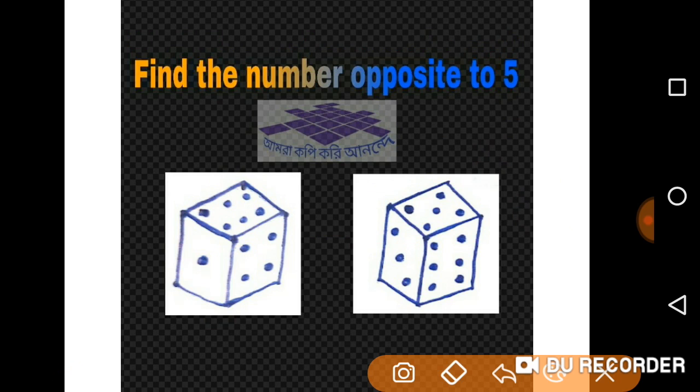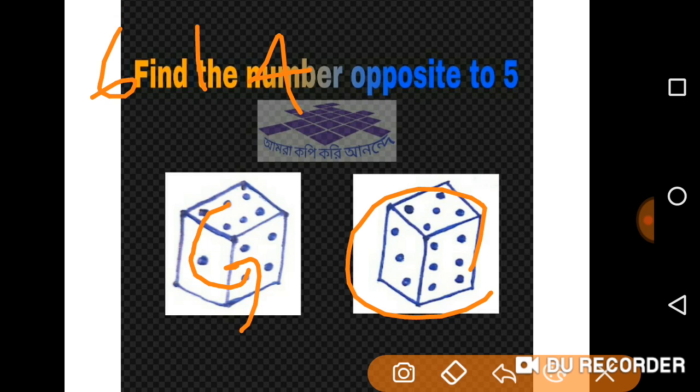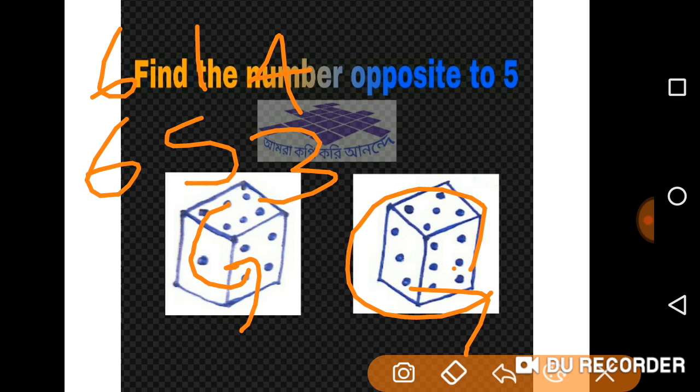If I go anti-clockwise, 6 1 4, write down 6 1 4. For the second, you have to go again anti-clockwise, following the same direction. 6 5 3, write down 6 5 3. So 3 is opposite of 4, 5 is opposite of 1, and for 6, the remaining number is 1, so 1 is present opposite of 6.